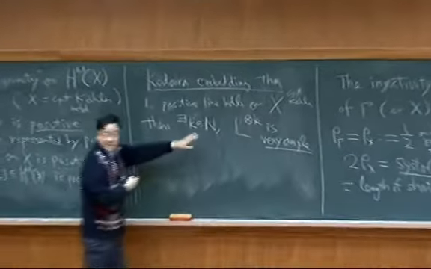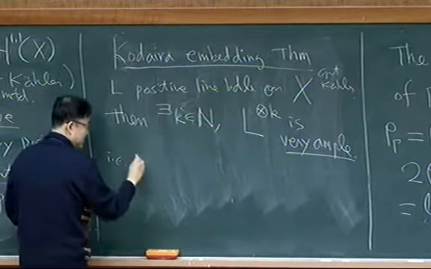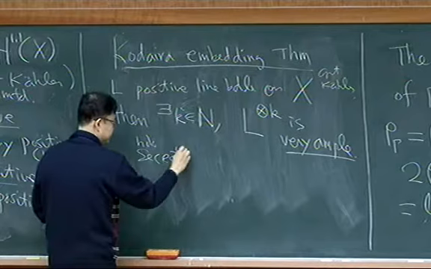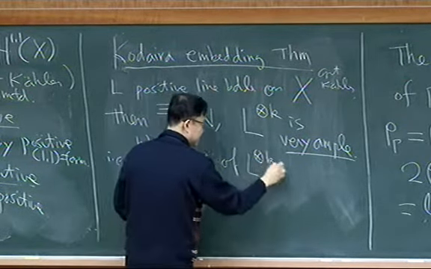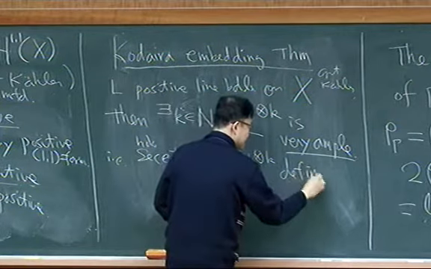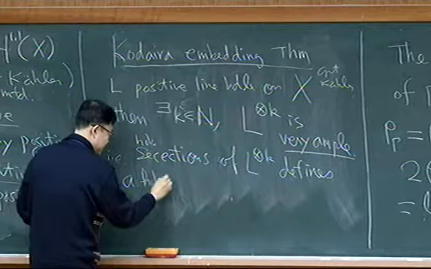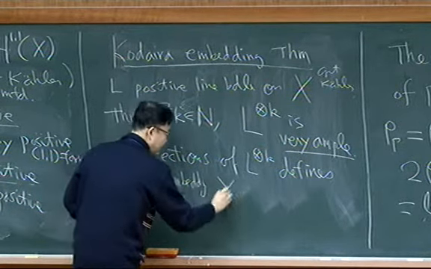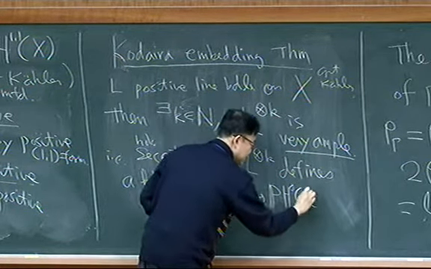So very ample means, i.e., the holomorphic sections of L tensor K define a holomorphic embedding of X into the dual of these sections.